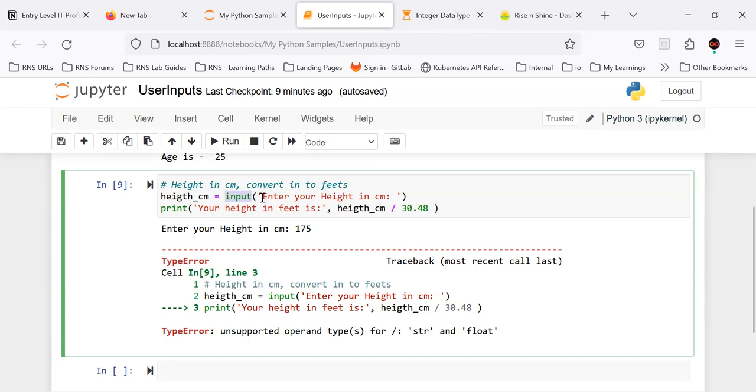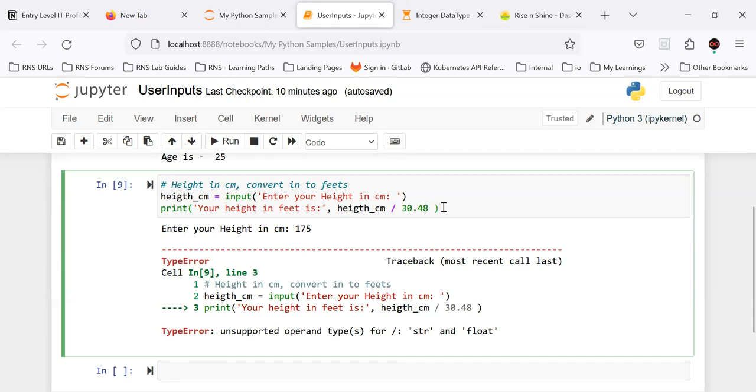This input function takes an input argument, a string, and prompts the user to enter a value; it is an internally defined function in Python. But whatever value the user enters in the console is returned in the format of a string. That is how the function has been designed. But I don't want the string, I need a float here to perform the operation.